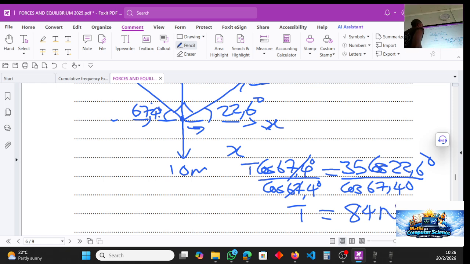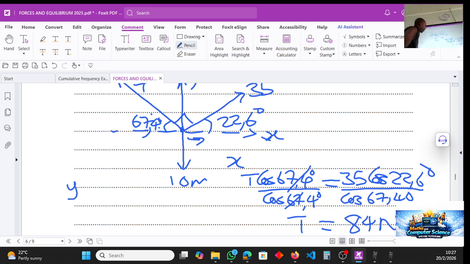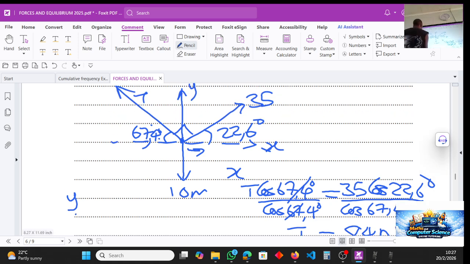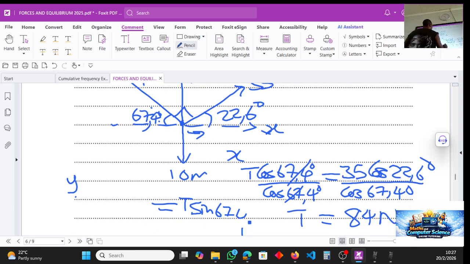And what I'm left with is the value of m, which I'll find on the y-axis, where I've got two components. If we check clearly, I've got T sin 67.4 degrees as I go up the plane.